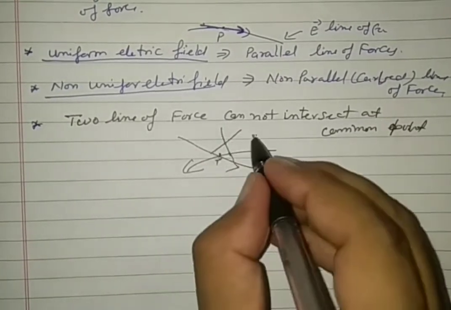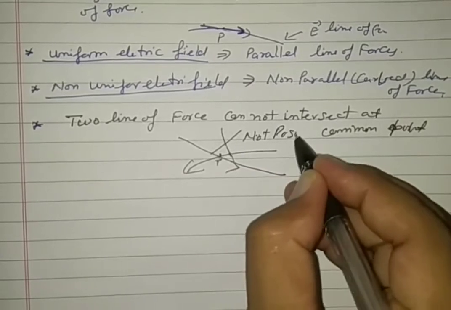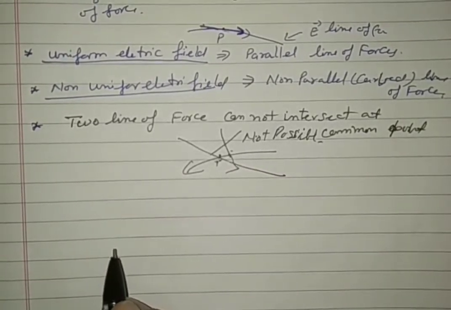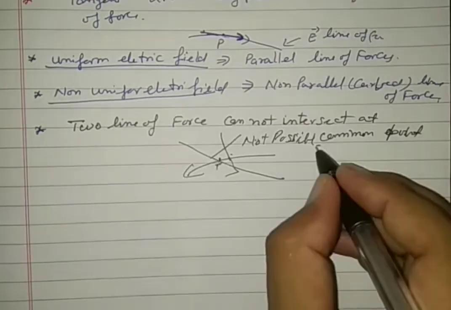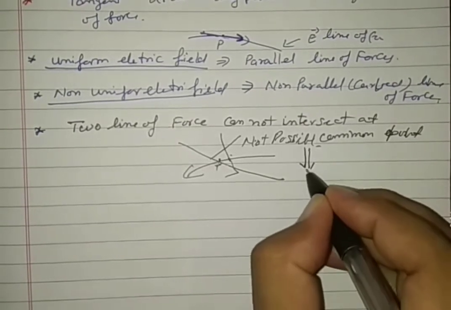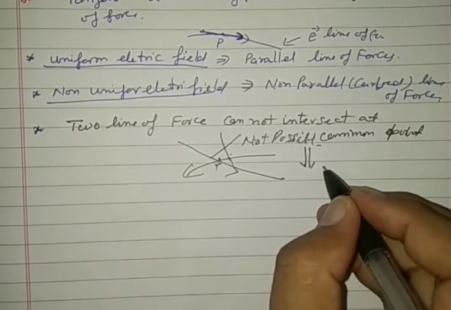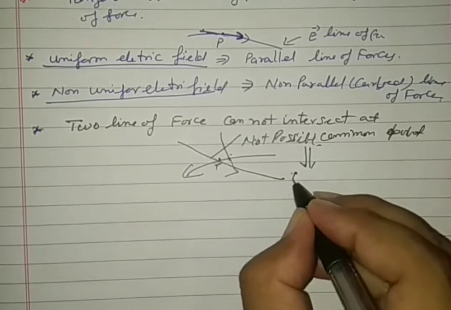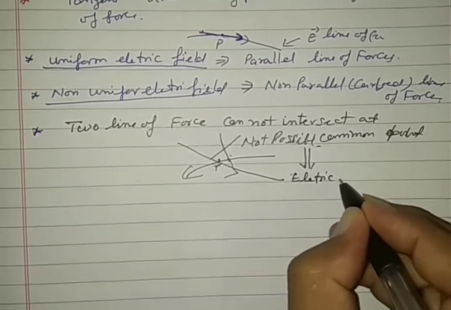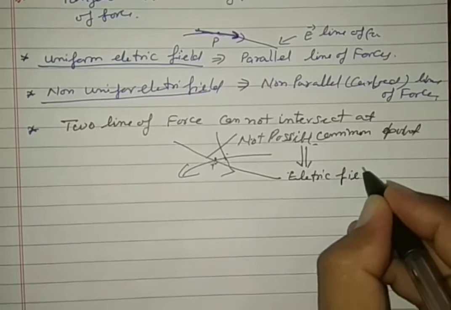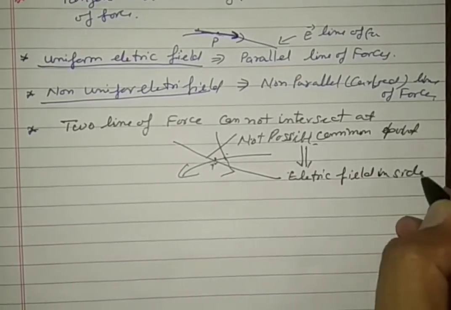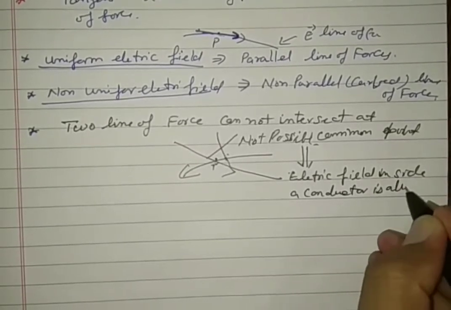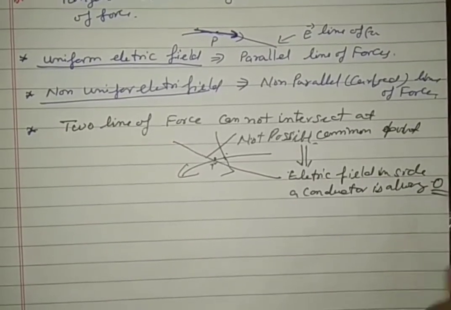This is not possible. Cannot intersect at these two points. This indicates that electric field inside a conductor is always zero.